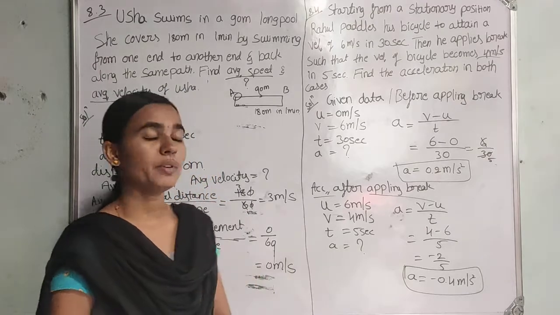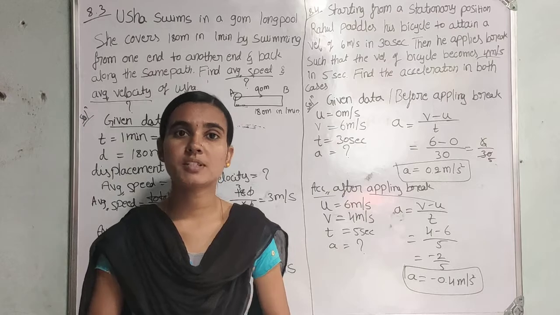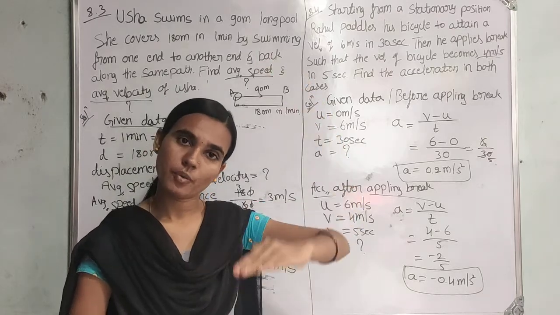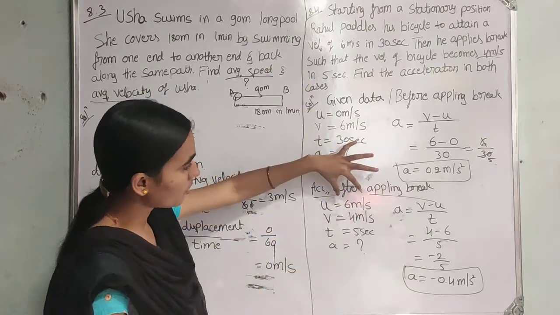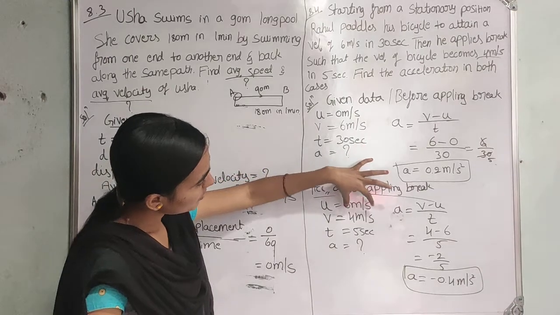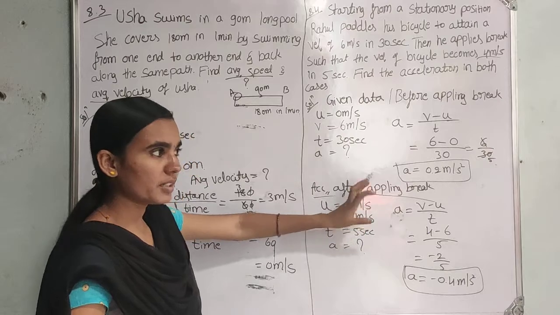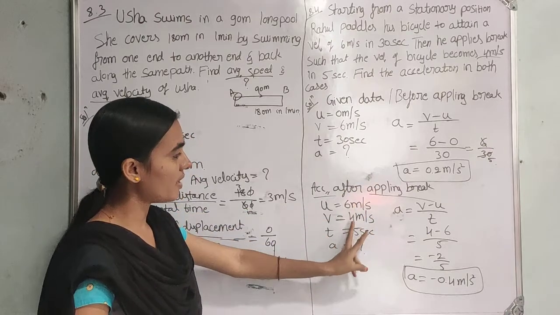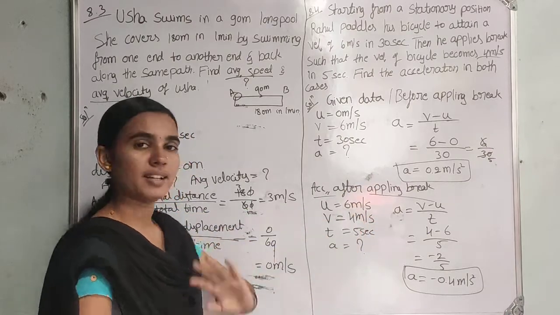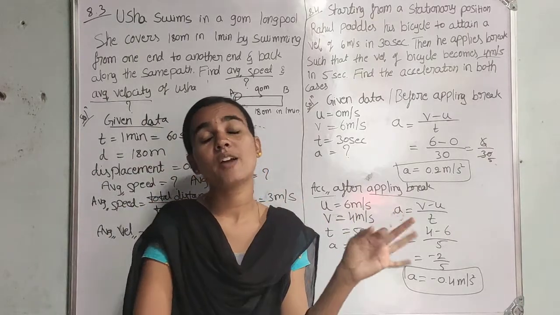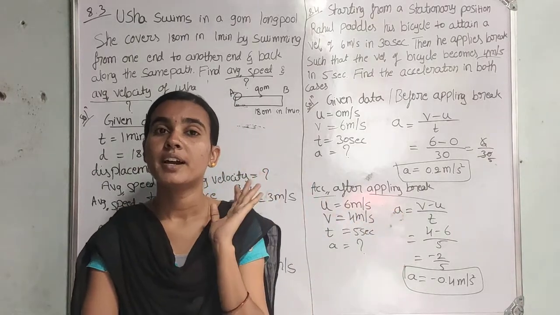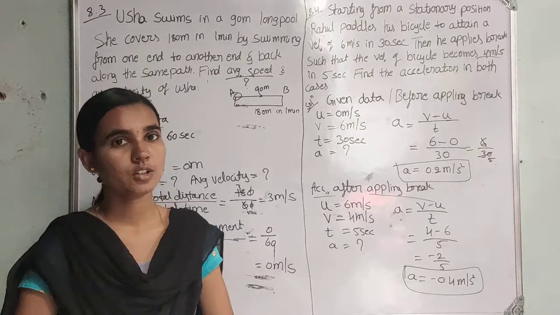So when we observe retardation, it means the velocity of a moving object is decreasing. Just observe, initially the velocity is 6 meter per second, final velocity is 4 meter per second. So we are observing the difference between the initial and the final velocity. Initially it is more and finally it is less. So at that time we get the retardation or deceleration of a moving object.